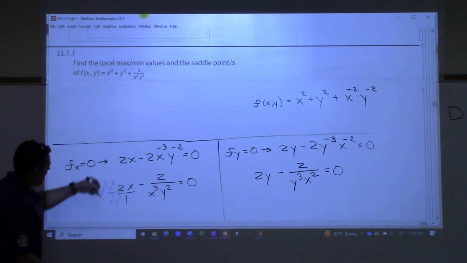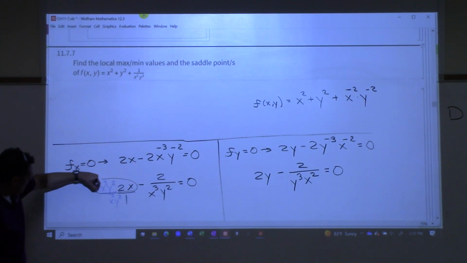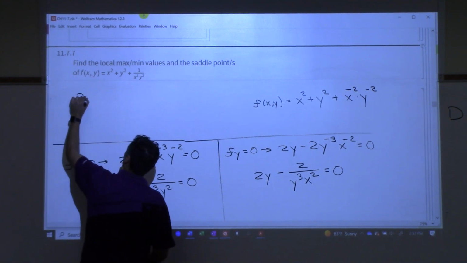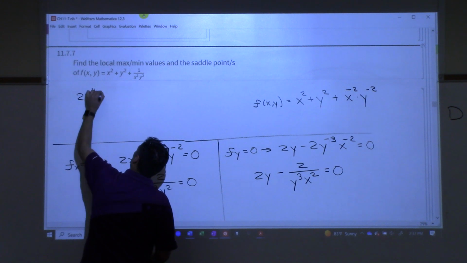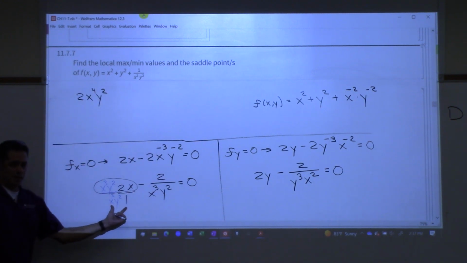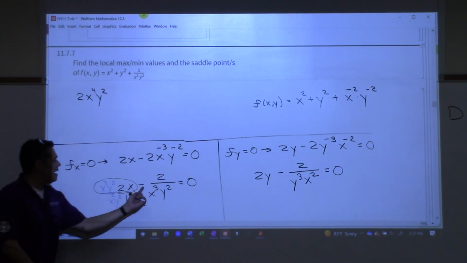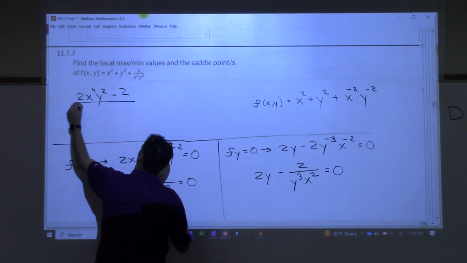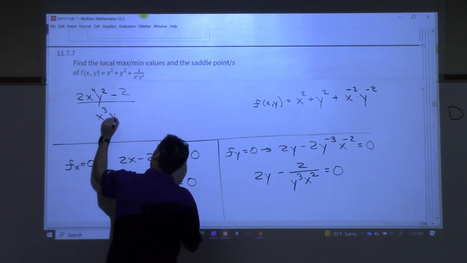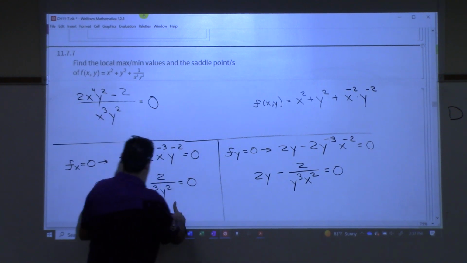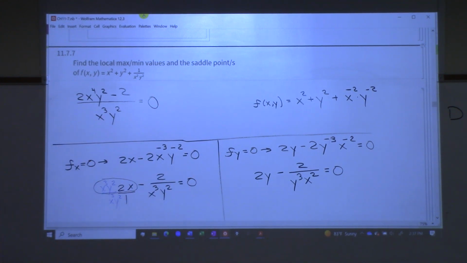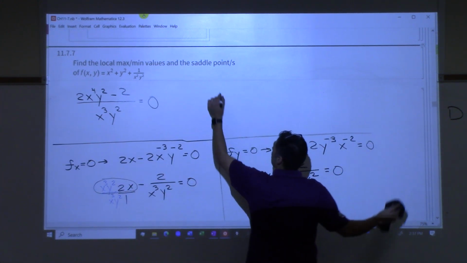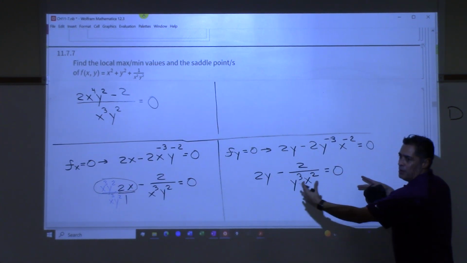So if I do that and I put these together, I get 2x to the 4th y squared over my common denominator, right? And then minus 2 over the same denominator equal to 0. So I put those together. While I'm doing this, and I only have 2 minutes left, I'm going to do the same thing on this one.